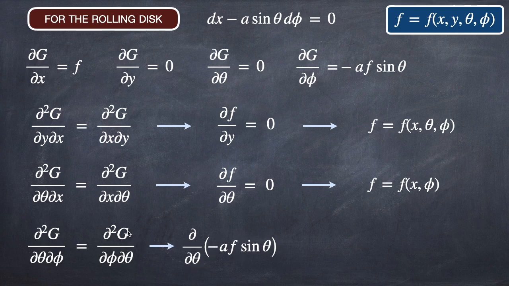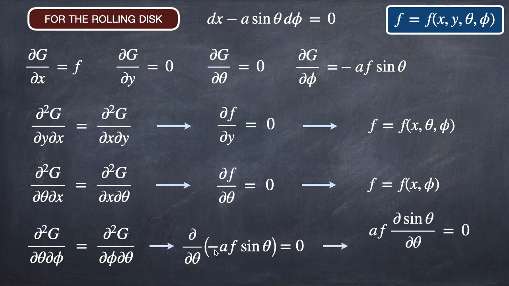And since del g del theta is equal to 0, the right-hand side of this equation is equal to 0 as well. Now we know that a is a constant and f has no dependence on theta, so it is a constant with respect to the partial derivative.